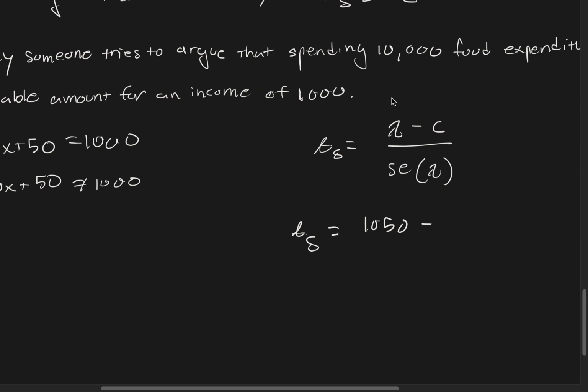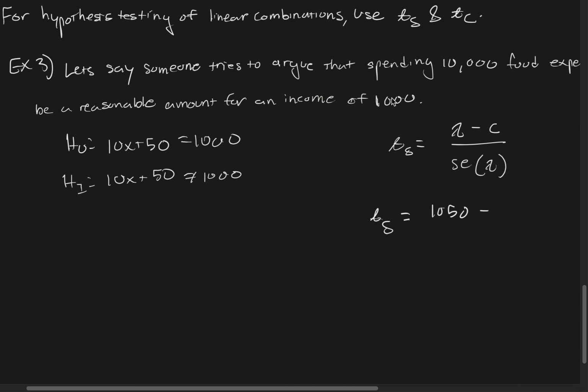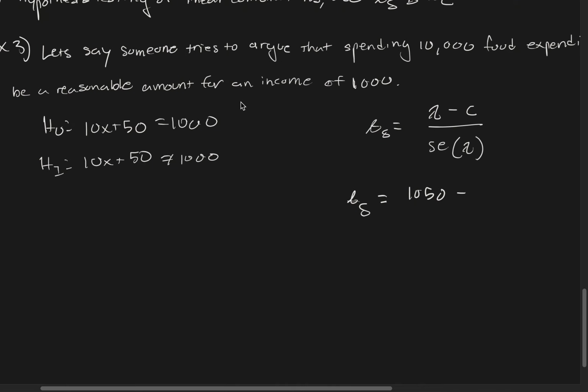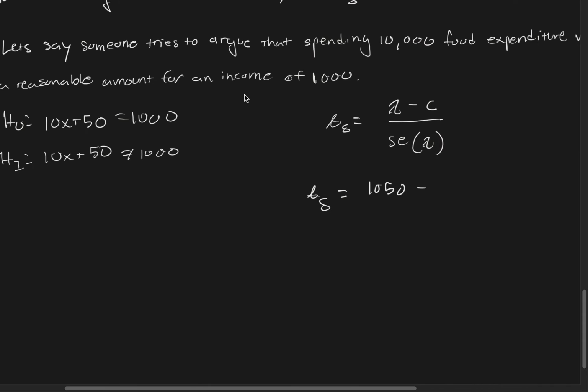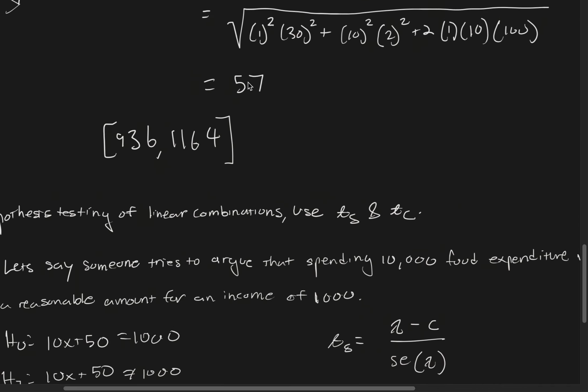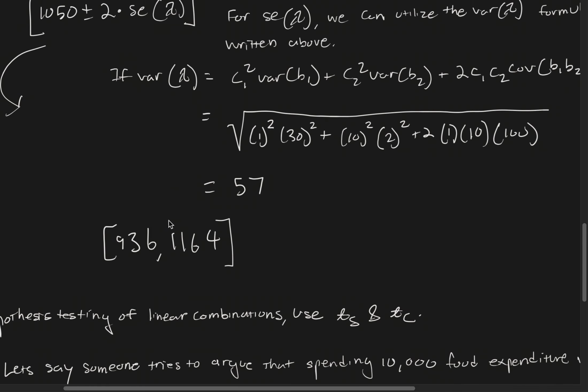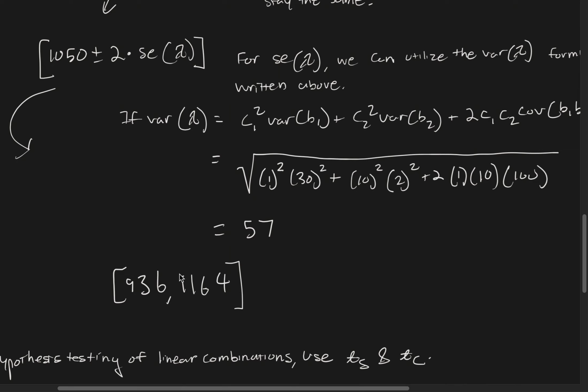Actually, our problem is slightly different because what I wrote in this example is that someone is arguing that our food expenditure is going to be 1,000 if our income is 100. And so that's what we're actually testing for. It's essentially the same thing because if someone says our food expenditure is 1,000, then we have to accept what they're saying because it's within the confidence interval here.